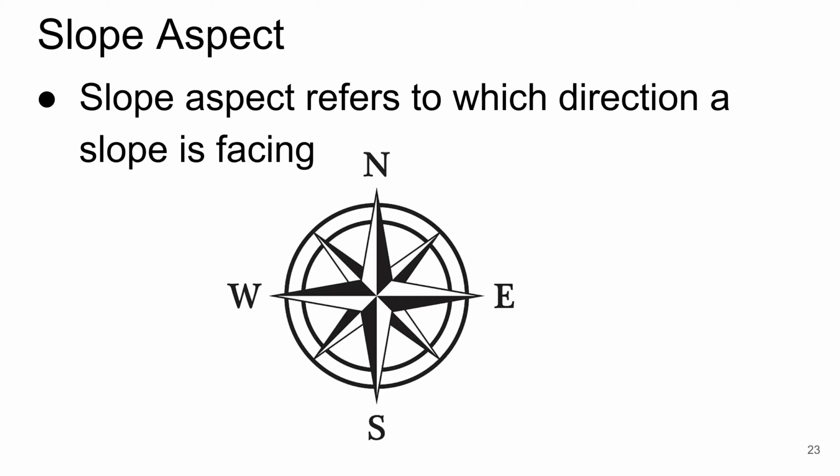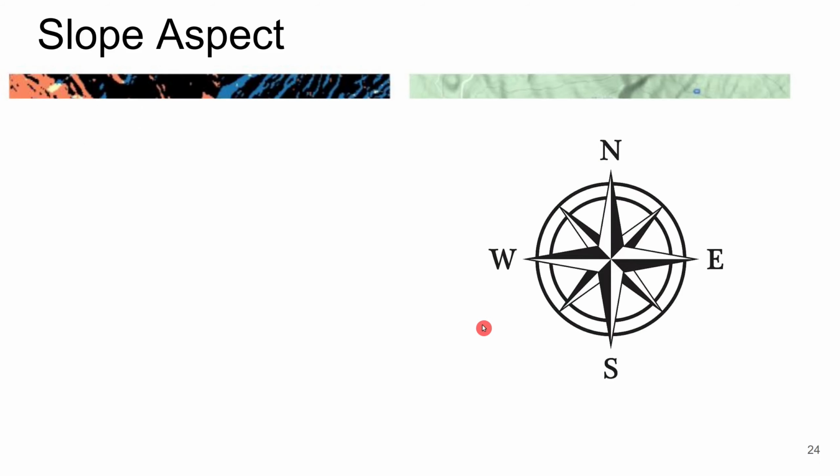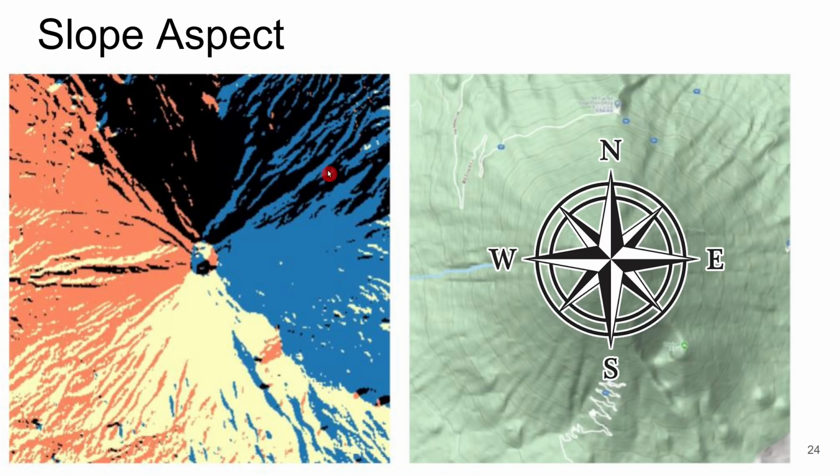Slope aspect is another question that we're going to be answering in this lab. Slope aspect refers to which direction a slope is facing. Is the slope facing north, south, west, or east? So on this Mount Fuji, the black area is facing more or less north.